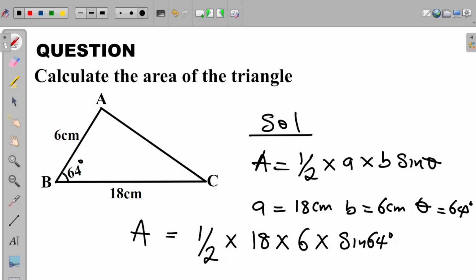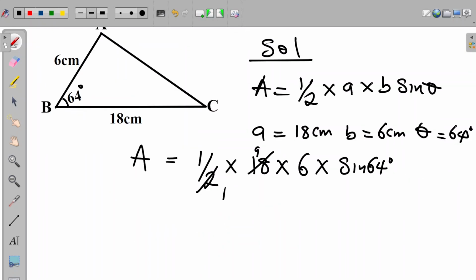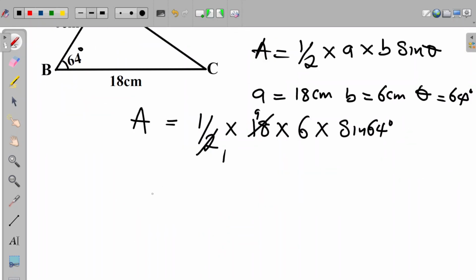So from here, 2 cancels itself to give 1, and 18 divided by 2 is 9. So therefore, the equation becomes area equal to 9 times 6 times sine 64 degrees.